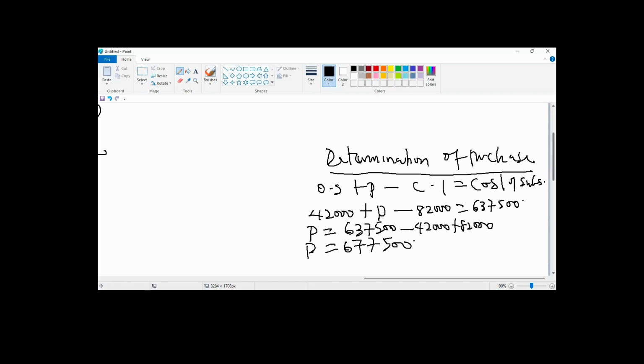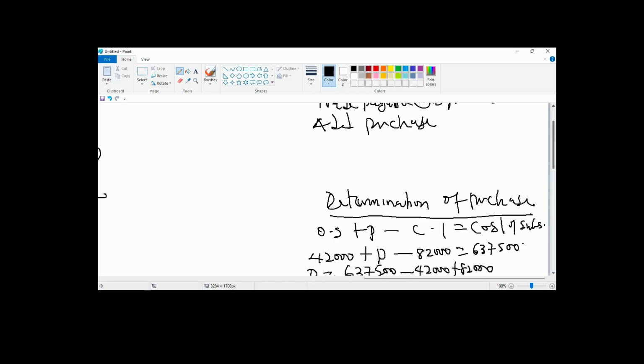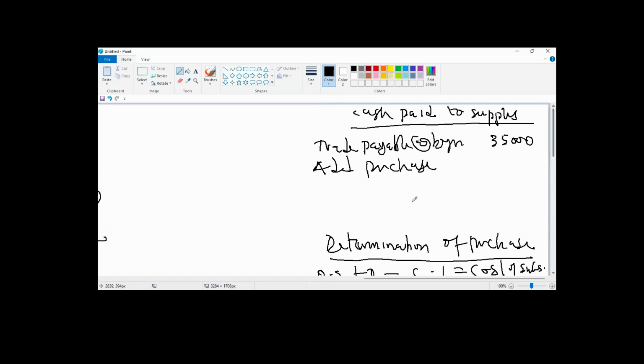I'll add it to the trade payable at the beginning. 677,500. I will now less the trade payable at the end, 72,000.